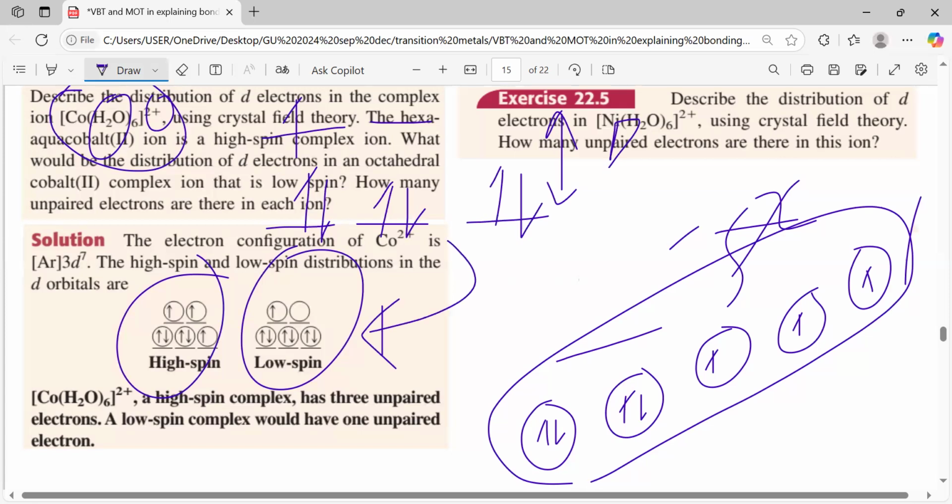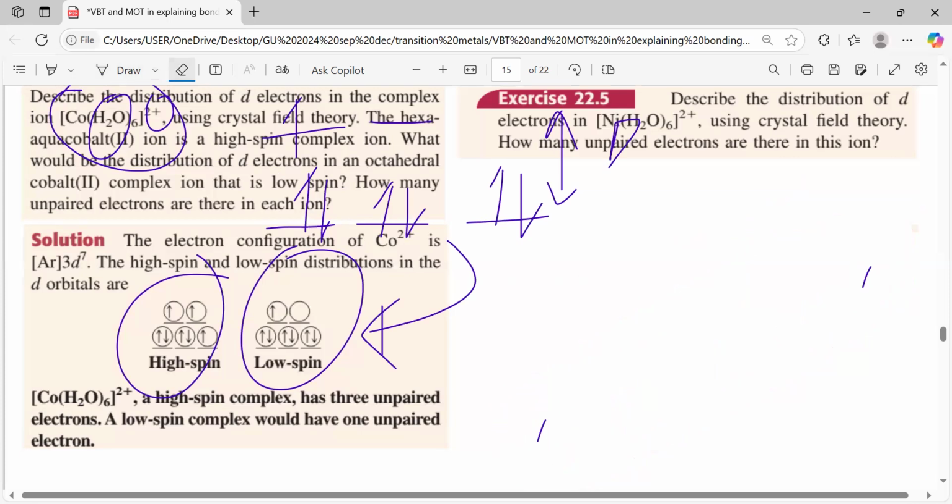Now, what about if it is high spin? Remember, there are still 7 electrons in the d orbital, so I'll rub this one so that we can get space. The same story again, we are assuming that it is high spin. High spin means the gap is so tiny, so they can jump easily. So it is 1, 2, 3, 4, 5. Why have I done that? Because the pairing energy is higher than the jumping energy.